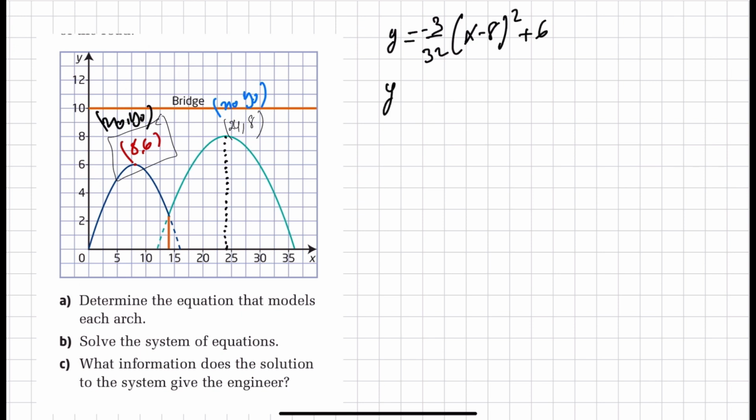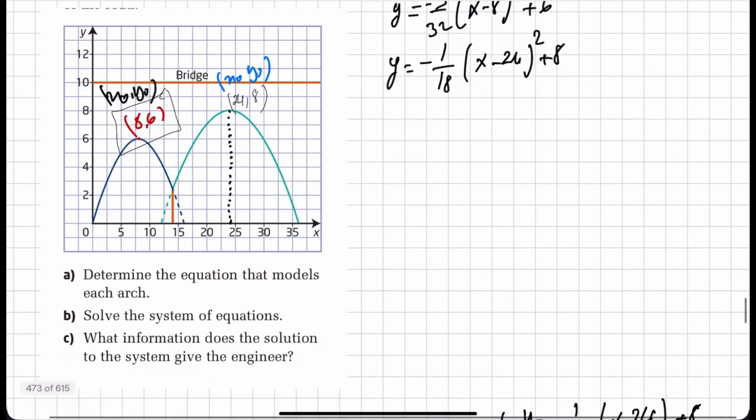The other y was minus 1 over 18 times (x minus 24) squared plus 8. And you just need to graph both of them. Let's graph these two equations.